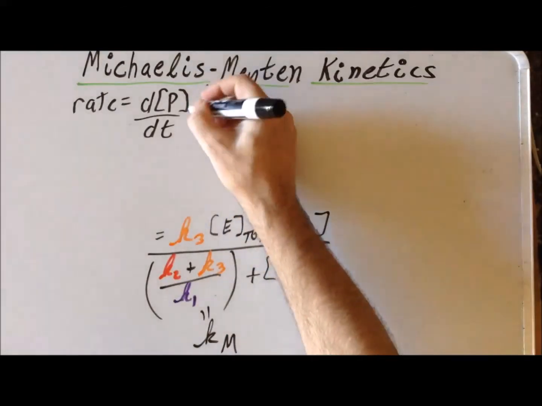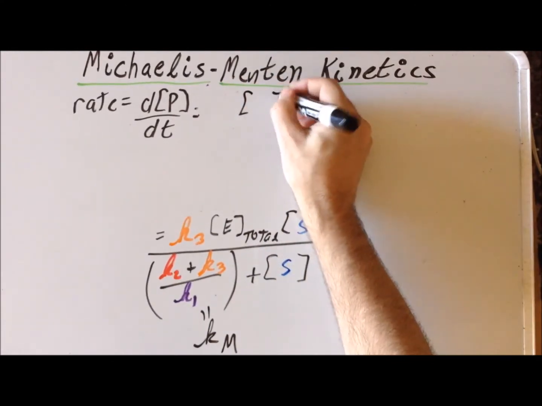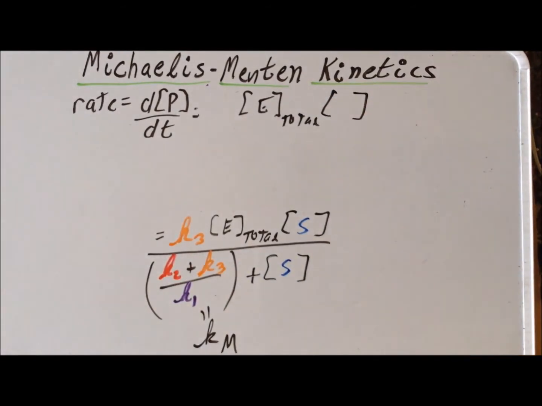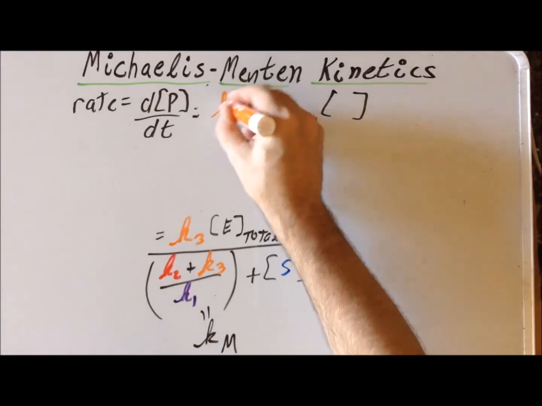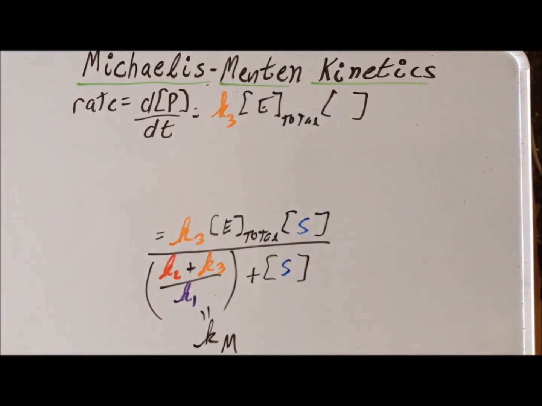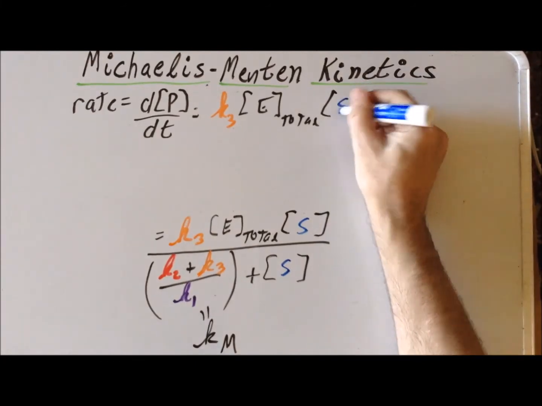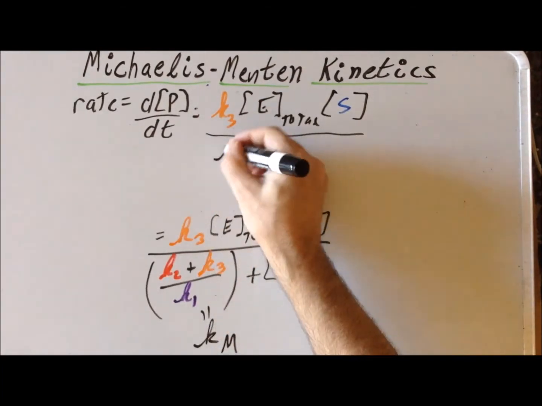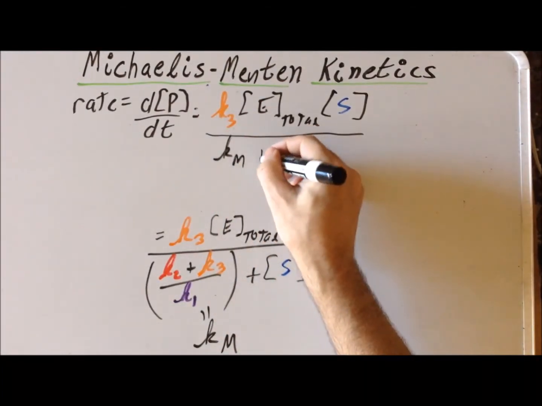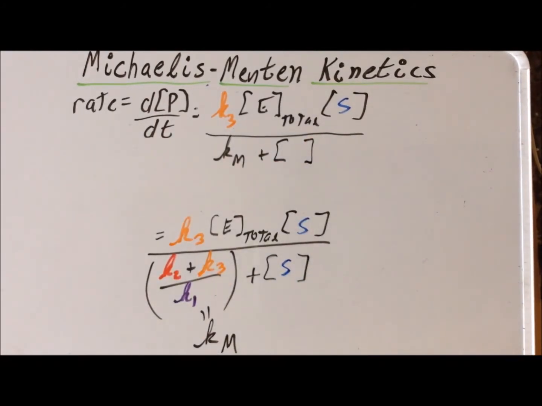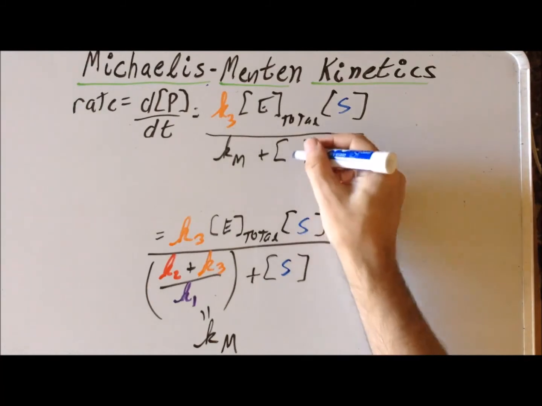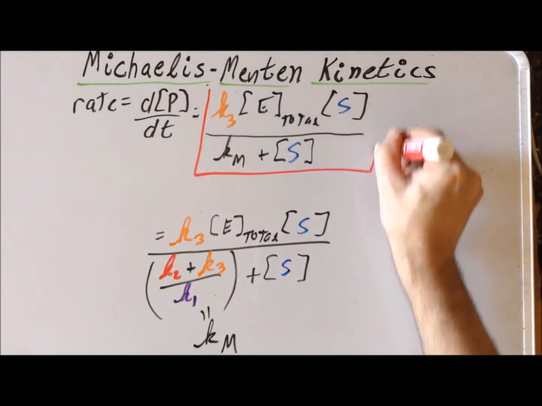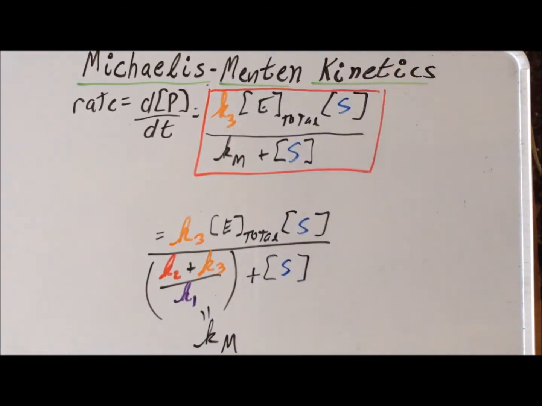With that substitution, the numerator is the rate constant K3 times the total concentration of enzyme times the concentration of substrate, and then this is all divided by the Michaelis constant K sub m plus the concentration of substrate S. So this is our initial expression that we've derived.